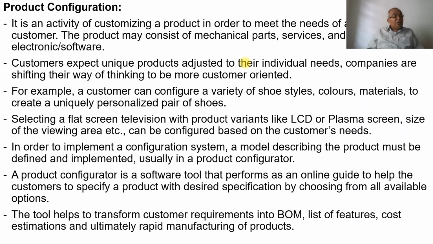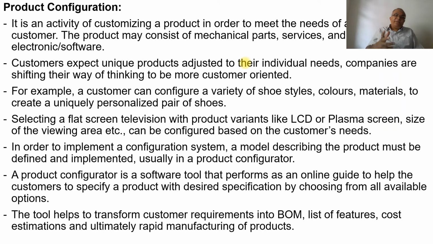A customer expects a unique product adjusted to individual needs. Companies are shifting their way of thinking to be more customer oriented. So customers expect unique products, that means they want products specially made for their requirement. For example, a customer can configure a variety of shoe styles, colors and materials to create a uniquely personalized pair of shoes.